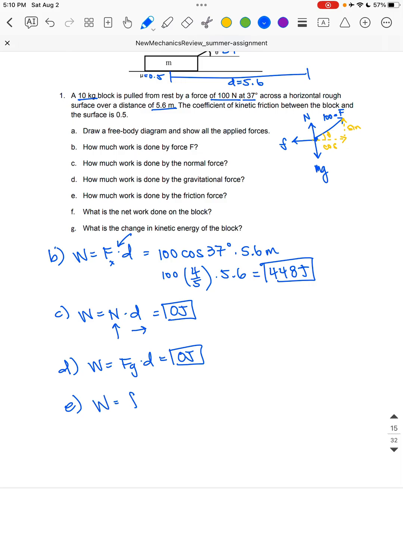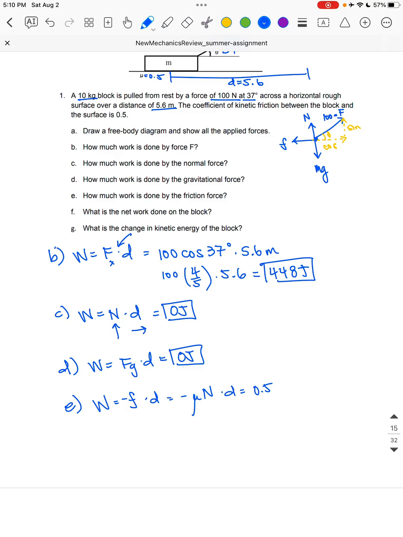So the force of friction, kind of a lowercase f dot d, is going to actually give me a value, and it's going to be a negative value because friction is pointing in the negative direction, which by convention is to the left. What we have to do before we solve this problem is figure out what the frictional value is. So friction in your equation sheet is mu n, and mu is given to us, but the normal force is not.